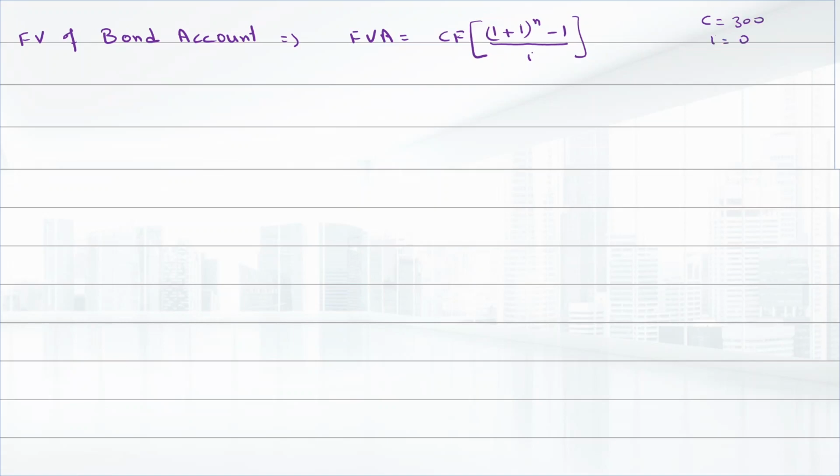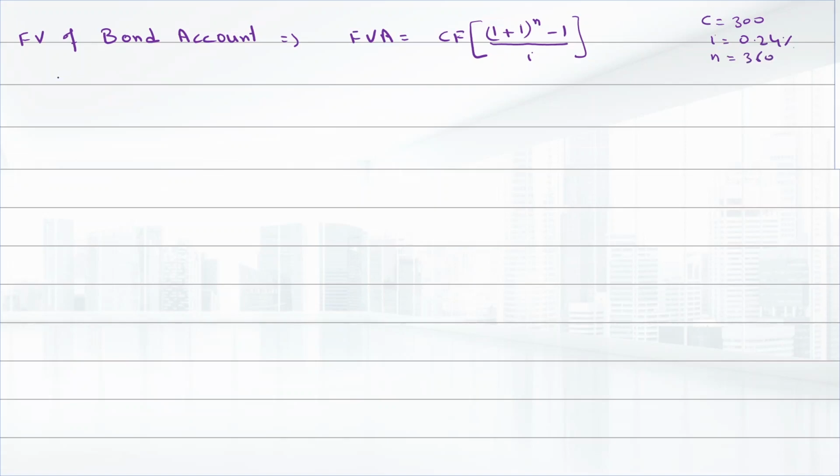Similarly, we will find the future value of the bond account. Future value of annuity is equal to cash flow times (1 plus I raised to the power n, minus 1) divided by the interest rate, where the cash flow is 300, the interest rate is 0.24%, and n is 360.